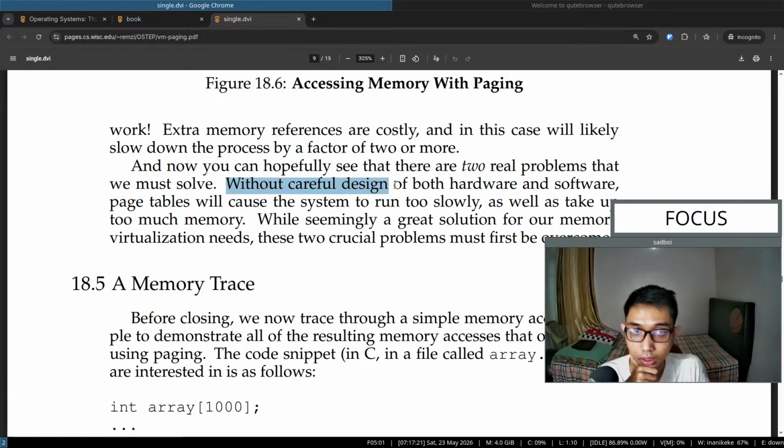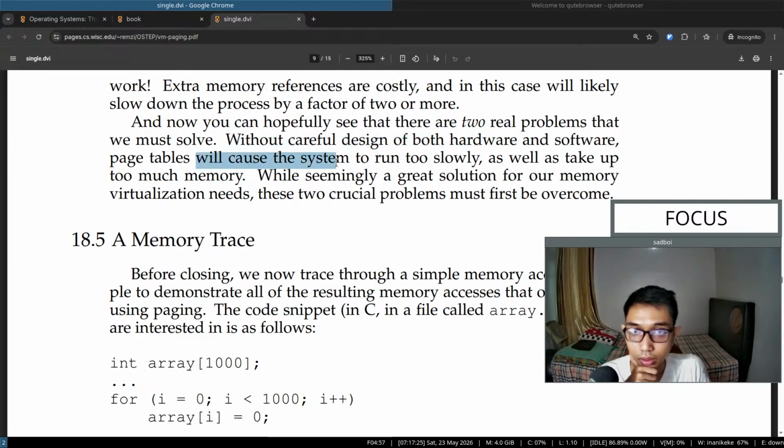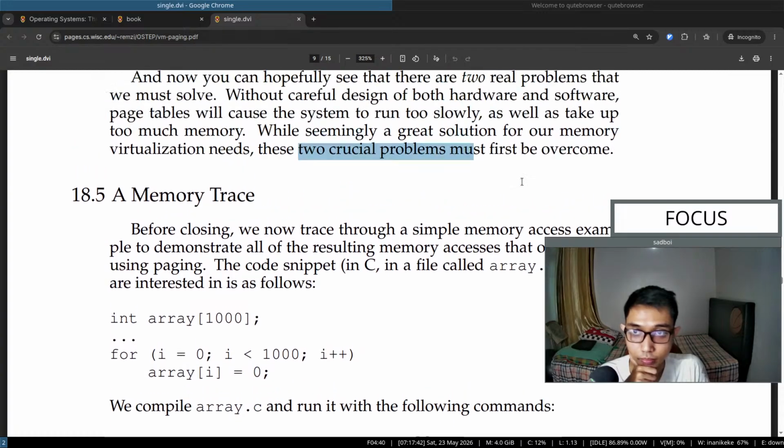Without careful design of both hardware and software, page tables will cause the system to run too slowly, as well as take up too much memory. While seemingly a great solution for our memory virtualization need, these two crucial problems must first be overcome.